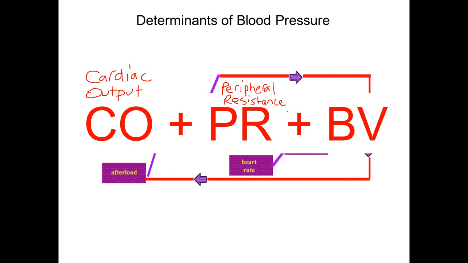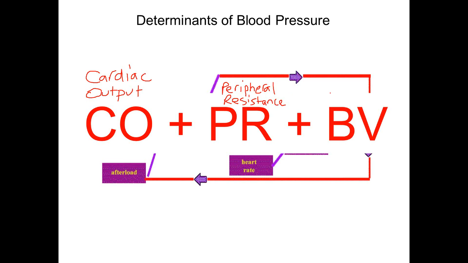If you squeeze your garden hose, you increase the resistance to the water, and the pressure of the water gets higher. Similarly, blood passing through your blood vessels, the pressure becomes higher if the resistance to that blood is higher, if the vessels are squeezed, if the vessels are thinner than they normally are. So that's the second factor.